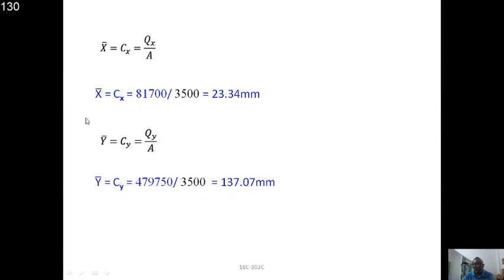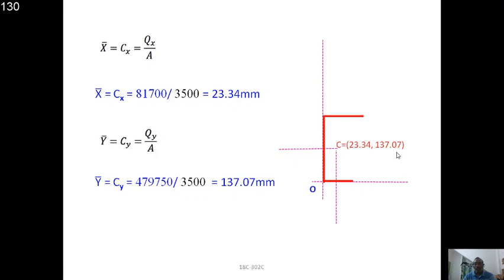Then substitute in our formula, which is x bar is equal to cx, that is equal to qx by A. Then substitute the values we obtained from the table, and from that we obtained x bar equal to 23.34 mm and y bar equal to 137.07 mm.